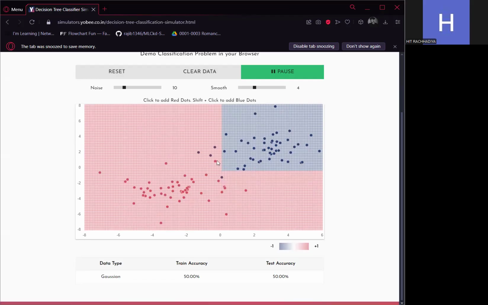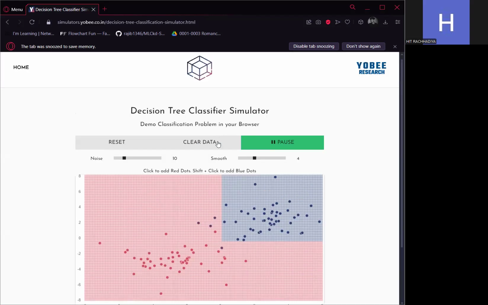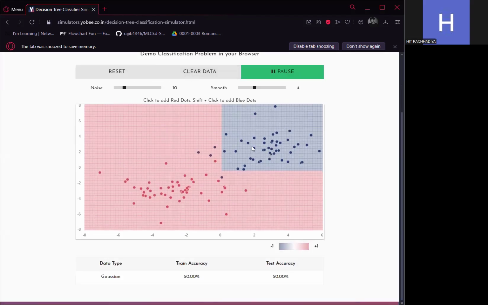So yeah, you can see this is giving the output in classification. This is only for classification. You can see a majority of blue values are in this portion. So this is one class and this is the other class. And the test accuracy is 50% and the train accuracy is 60%.